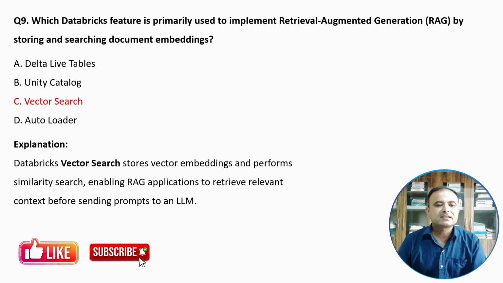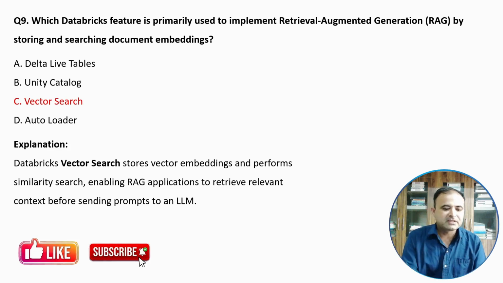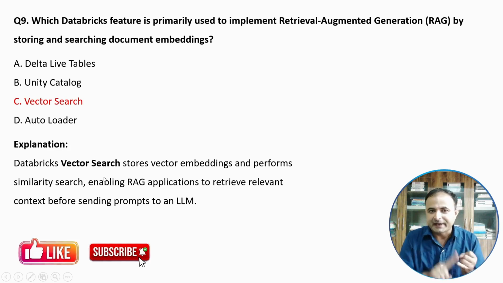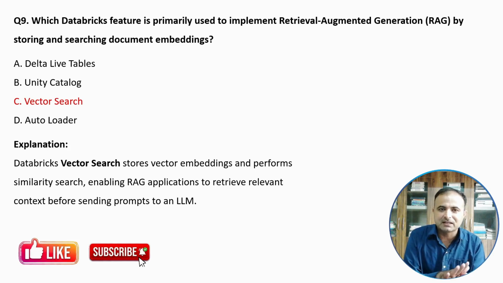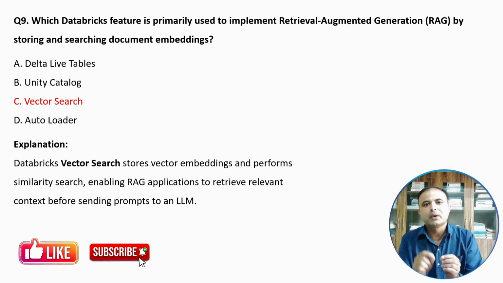Now, which Databricks feature is primarily used to implement retrieval augmented generation, that is RAG, by storing and searching document embeddings? That is Vector Search. We are familiar with text to vector. Databricks Vector Search stores vector embeddings and performs similarity search. RAG basically works on similarity search compared to the LLM, enabling the RAG application to retrieve the relevant context before sending the prompt to an LLM.